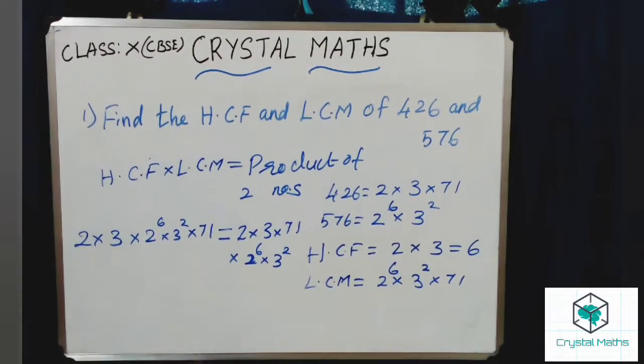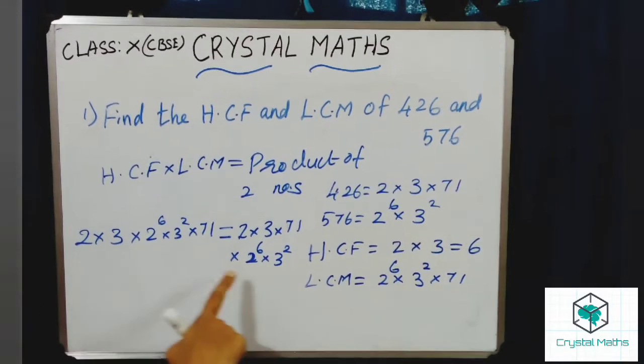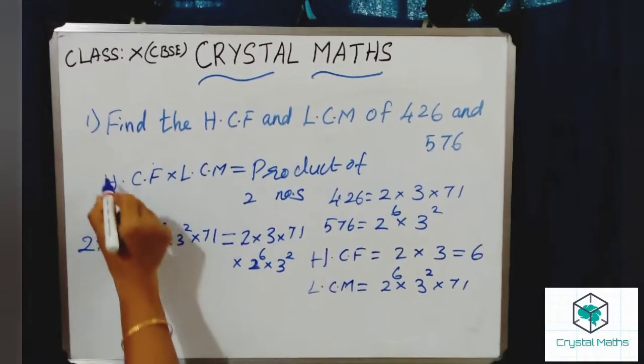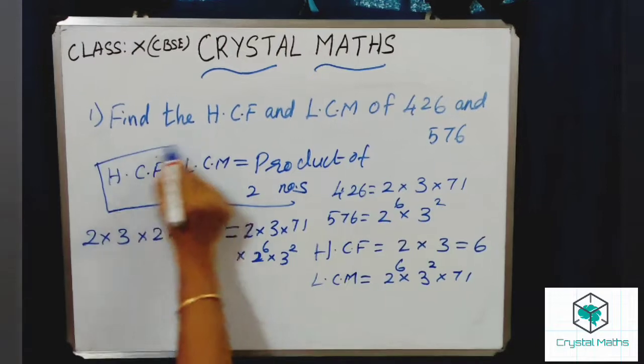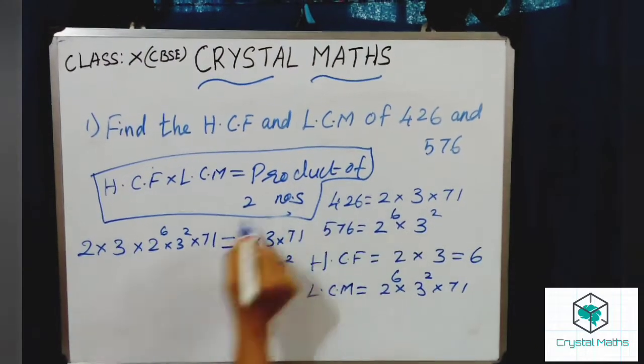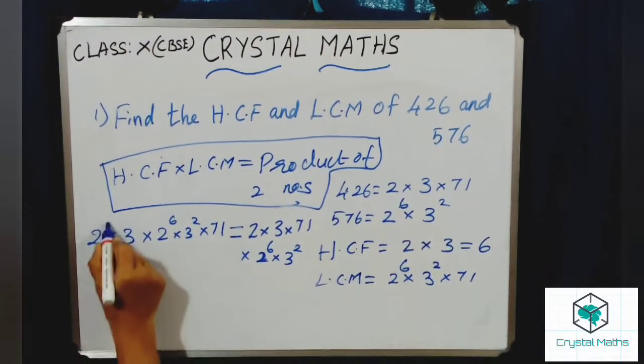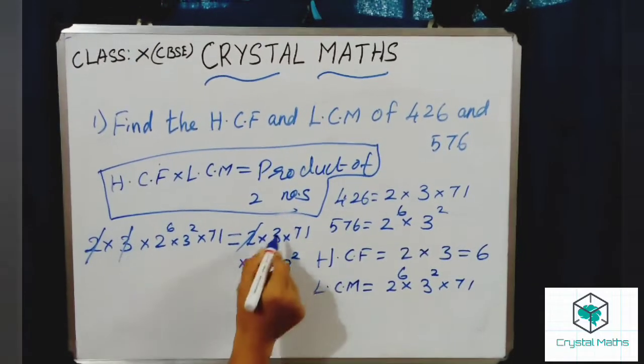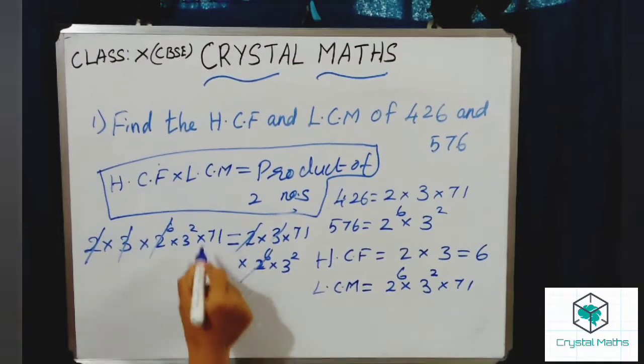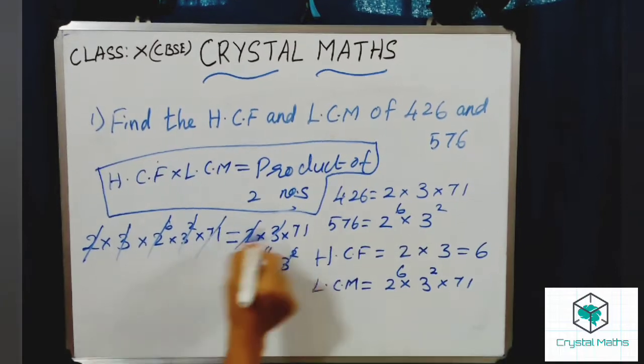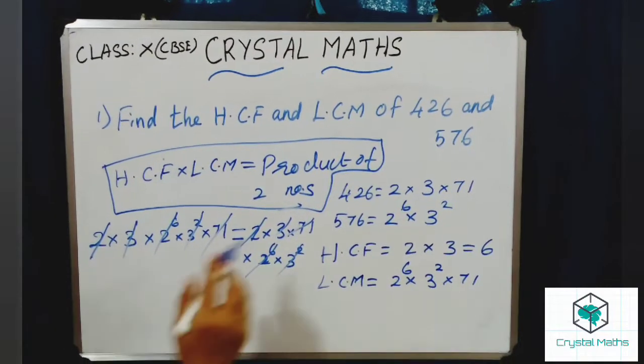If all the factors on both sides are equal, the result HCF into LCM equals product of two numbers is correct. Verify it. 2 cancels like this. We are getting all the numbers cancelled on both sides. So the result is right.